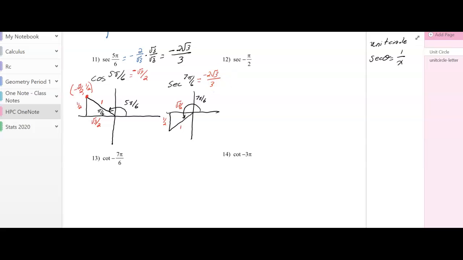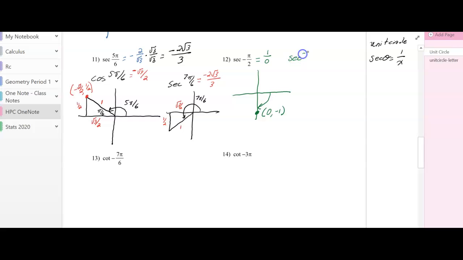Okay, problem number 12. I purposely put the odds to be in the quadrants and the evens to be on the axes. So -pi over 2 brings you down here. That ordered pair is 0, -1. Secant is 1 over the x, so that's 1 over 0 again.